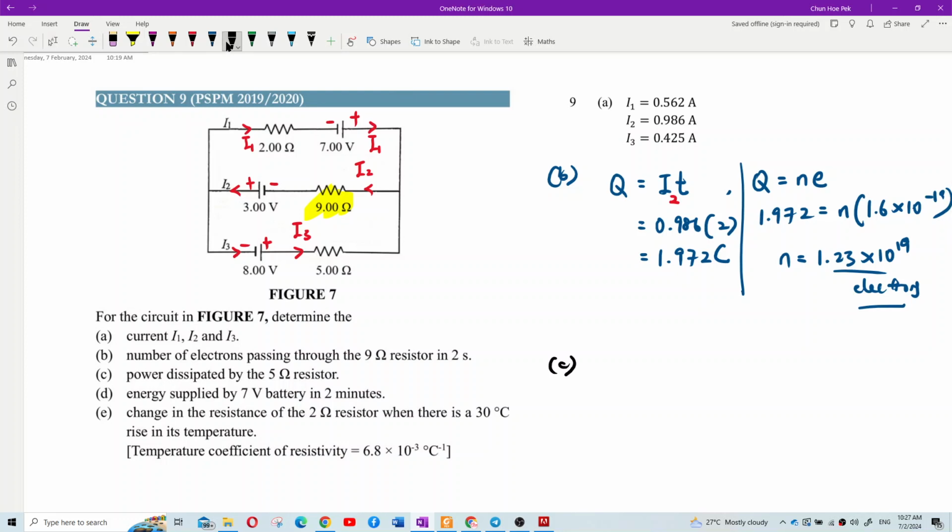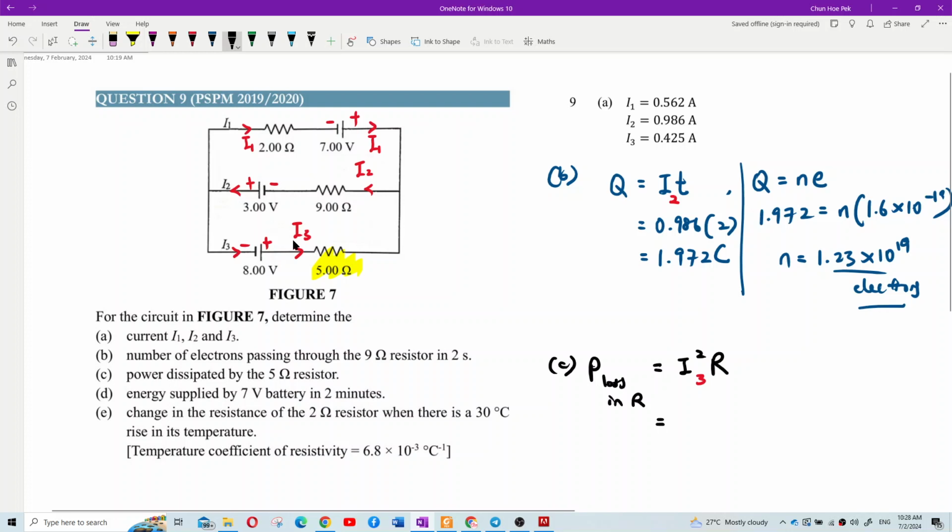Question C: power dissipated by the 5 ohm resistor. The 5 ohm resistor is this one. Power dissipated is power loss. Normally, to find power loss in a resistor, we use the formula I squared R. The current passing through is I3, so make sure you use the correct current, I3.